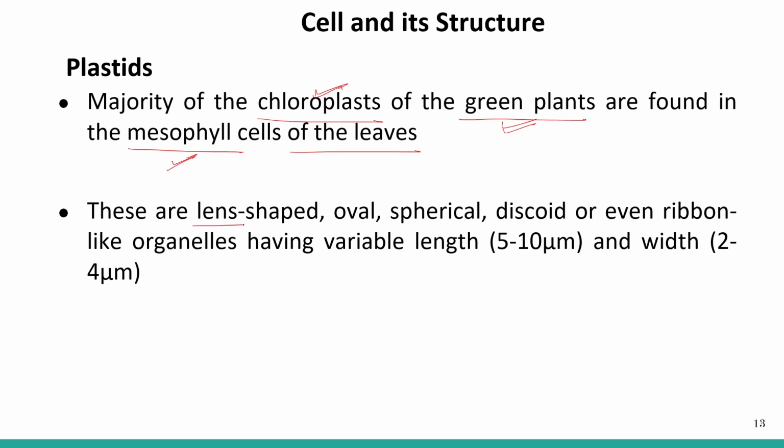These are lens-shaped, oval, spherical, discoid, or sometimes ribbon-shaped. They are of variable length: their length varies from 5 to 10 micrometer and width is around 2 to 4 micrometer.